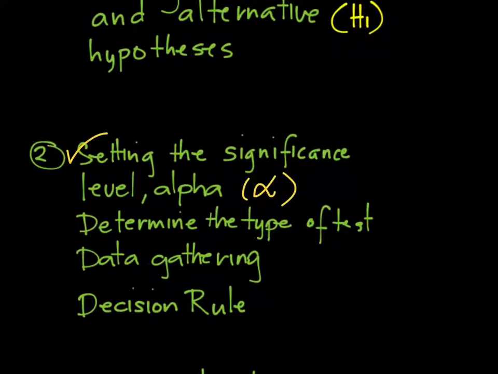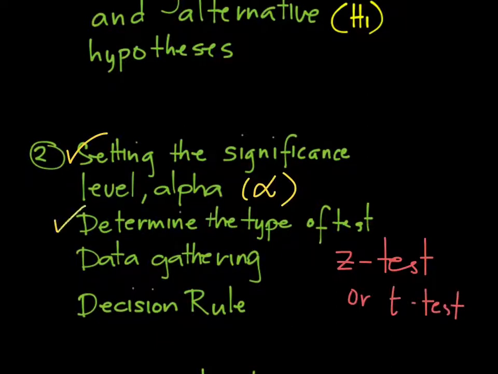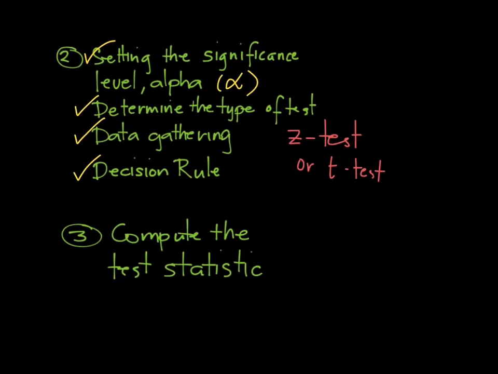In this step, we will also be determining what type of test we are going to use, which I will discuss later on. This is also where we have to gather some data to provide values that will be needed in the computation along the way when we perform the hypothesis test. And then we need to set what we call a decision rule. So that's our step number 2.